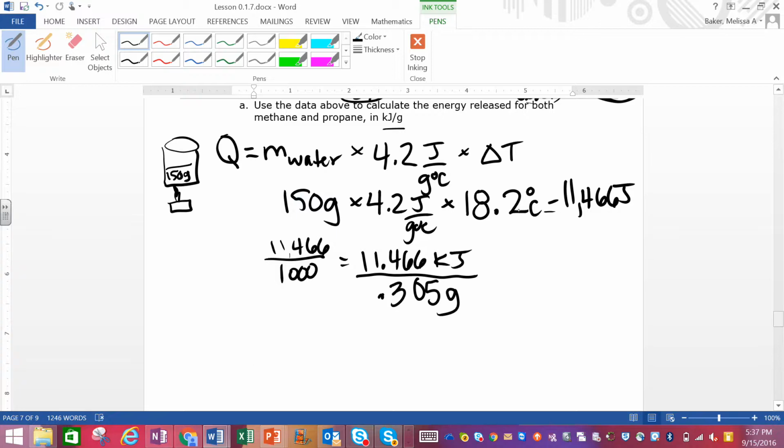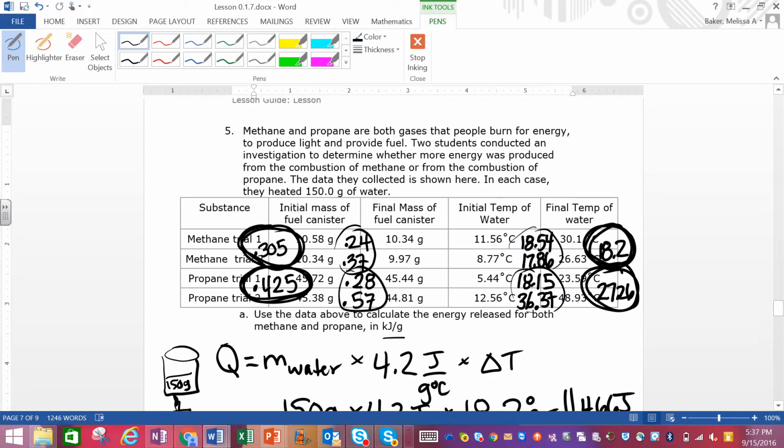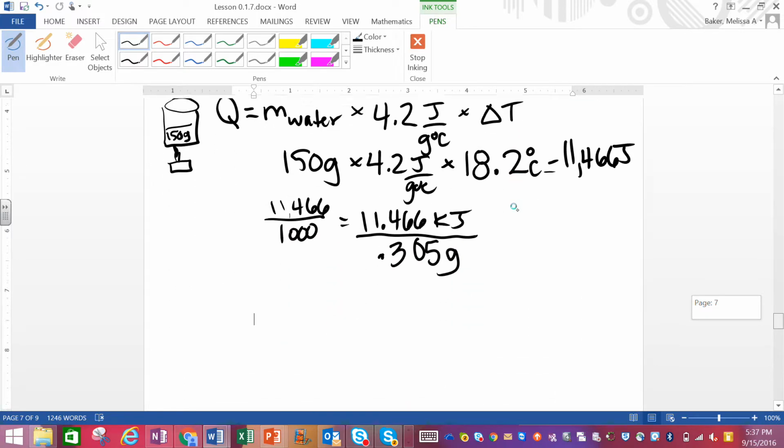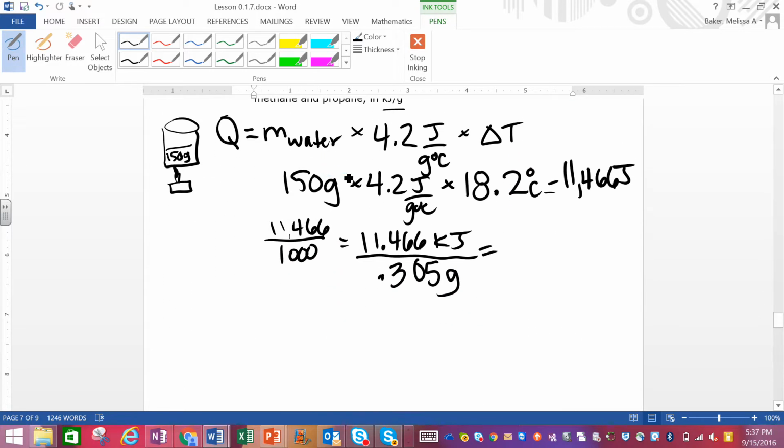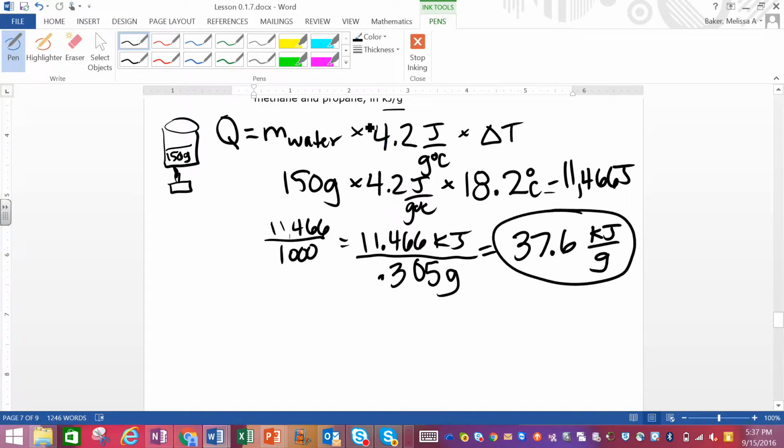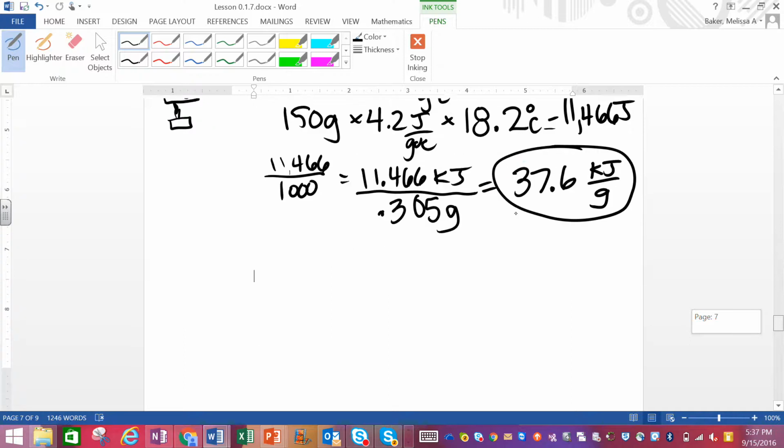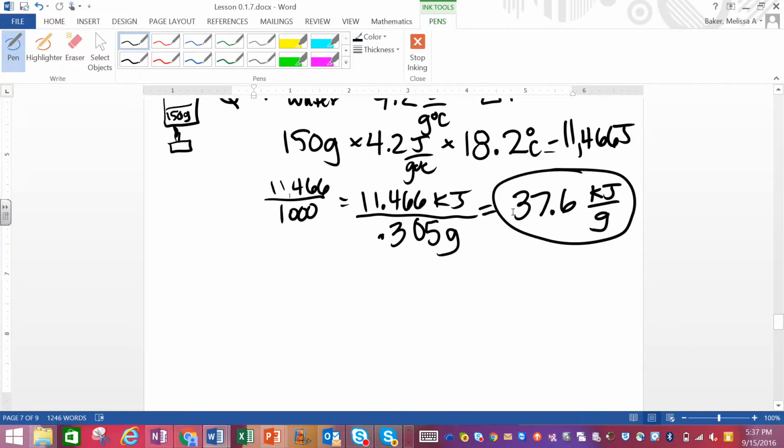Again, if you're wondering where she is getting these numbers, these are just from my chart, these numbers that I double circled. So right now we're working on methane. So when I take 11.466 divided by 0.305, I get 37.6 kilojoules per gram. That's how much energy was released per gram burned by methane.